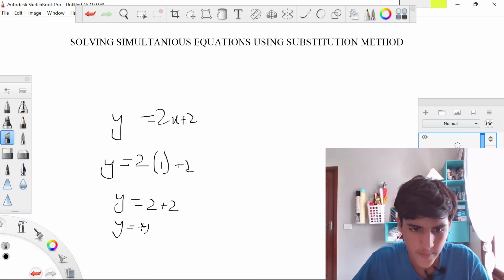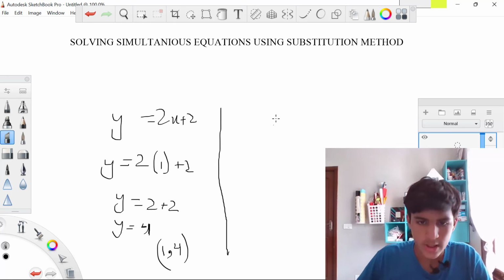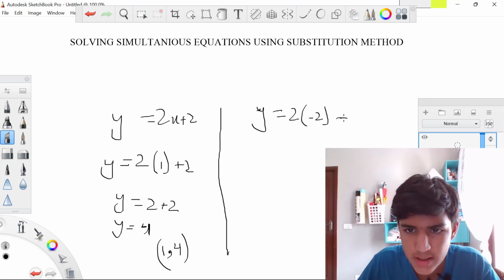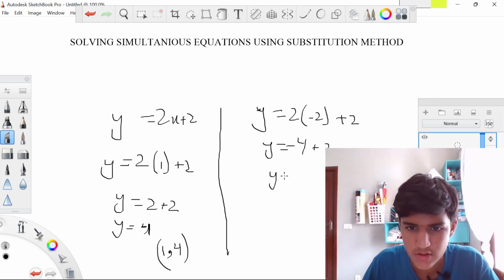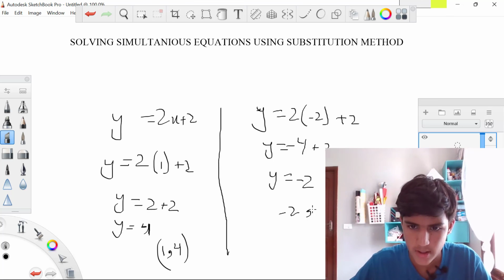So we have 1 comma 4 as one part of the solution, and y is equal to 2 into minus 2 plus 2. y is equal to minus 4 plus 2, which is y is equal to minus 2. Minus 2 comma minus 2.